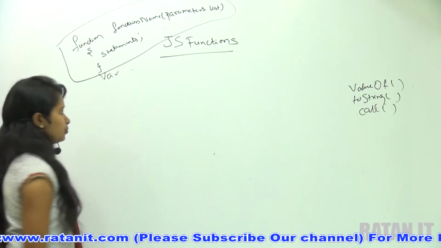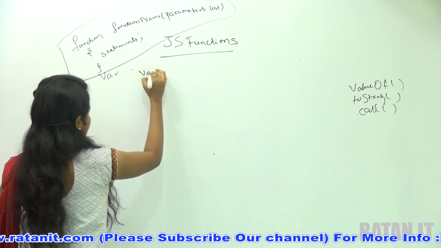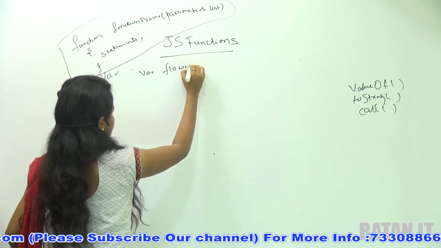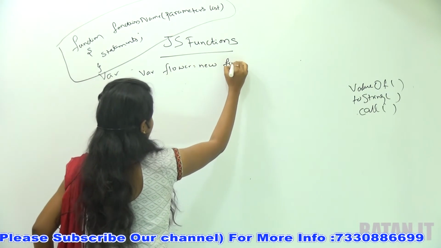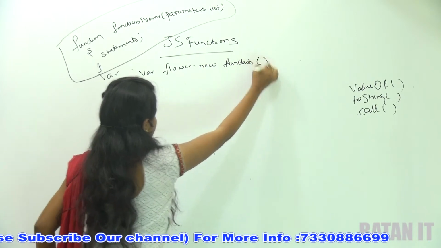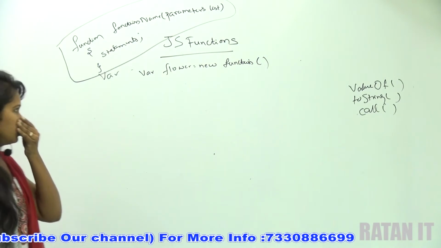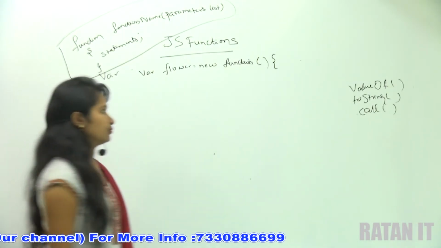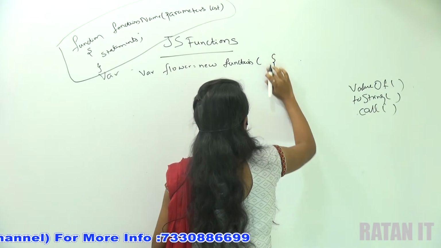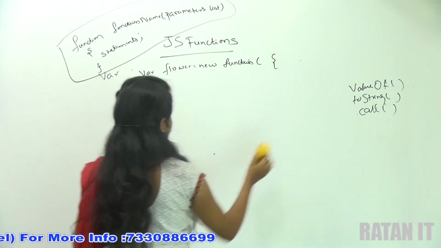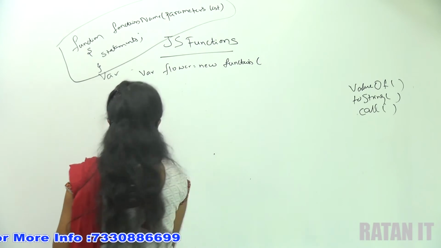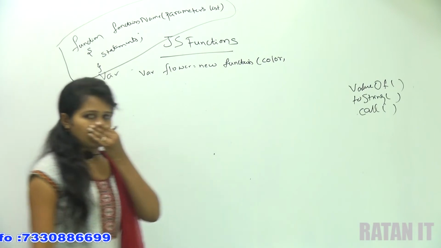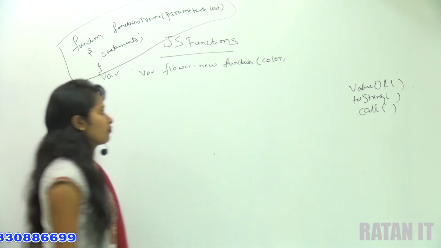So how are these going to work? See here, var flower is equal to new function of, here I am going to give the values. Here inside this function I am having color and color.